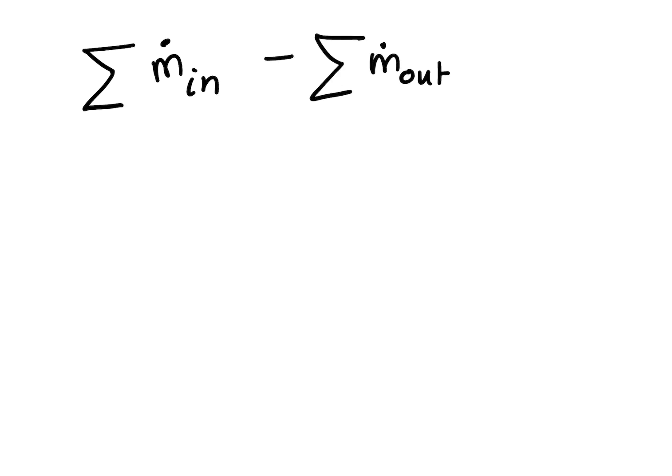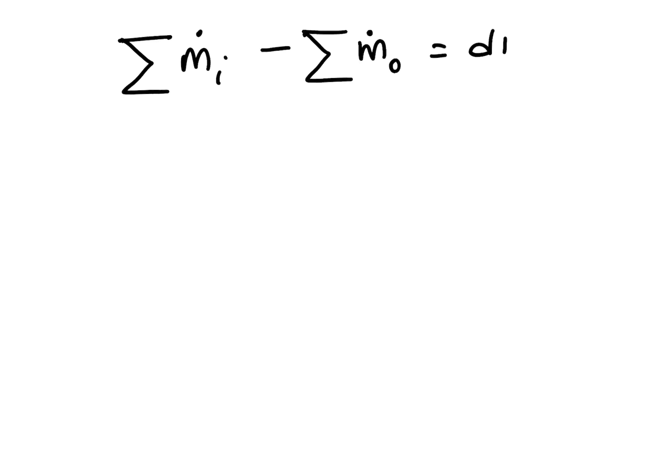I can generalize this statement and write the sum of all the inflows minus the sum of all the outflows of mass should be equal to the rate of change of mass within the control volume. Now m dot is mass flow rate.